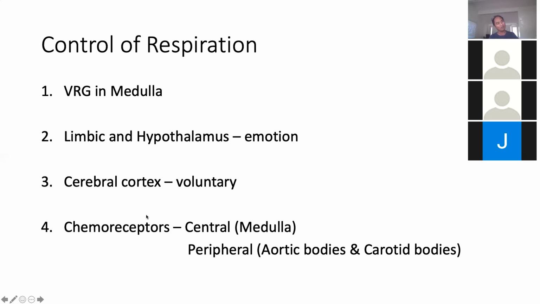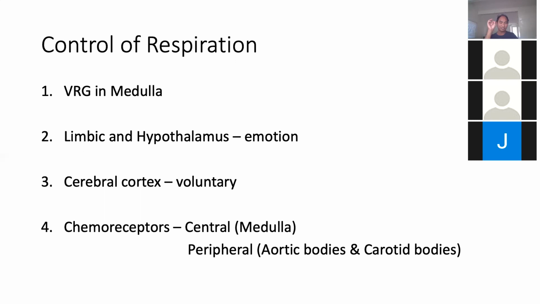And of course, chemoreceptors. So all the receptors for the chemical changes in the blood, for example hydrogen ion changes, carbon dioxide changes in our blood. These changes are detected by the chemoreceptors for the respiration.